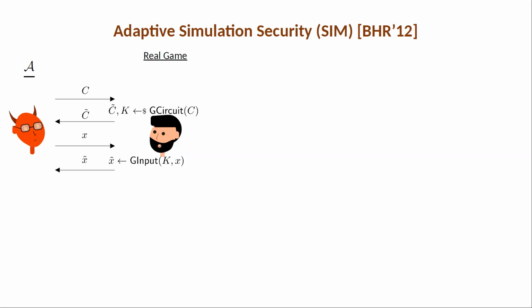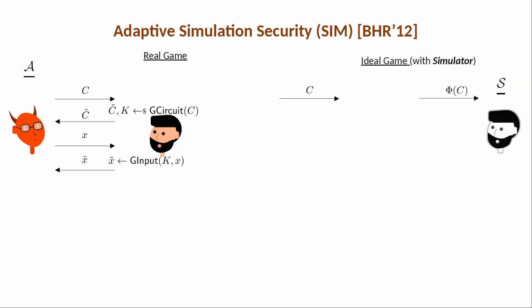And the way we formalize security is we say that this game on the left is indistinguishable from this ideal game that is simulated. The simulator only gets some leakage of the circuit instead of the entire circuit. Think of this leakage as just the public part of the circuit without the hard-coded input, or you can think of it as the topology of the circuit, if you know what it is.